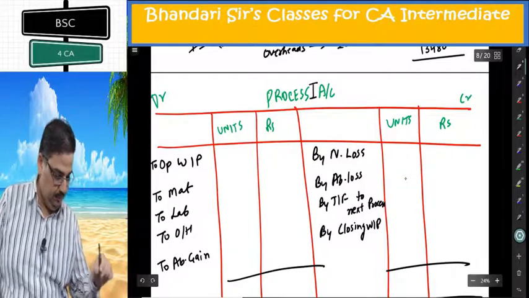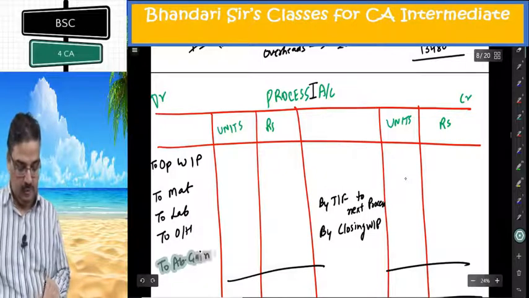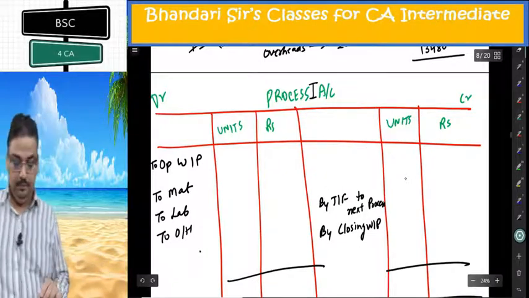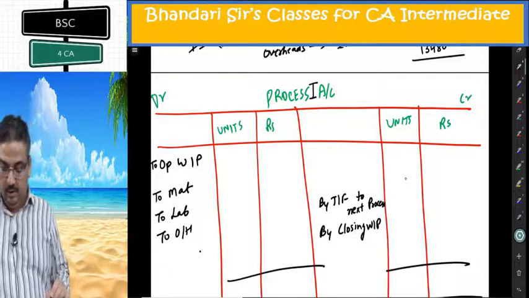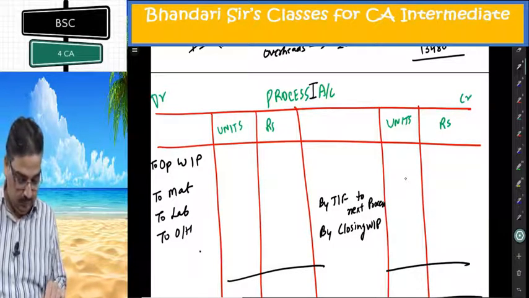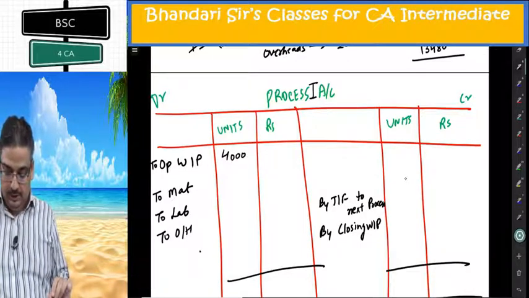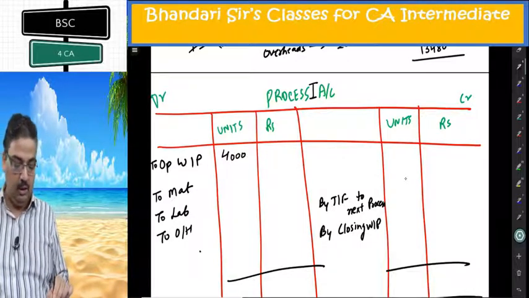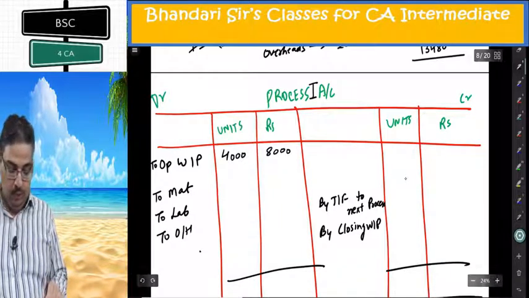Now the last thing for this first question, I will omit losses and gains because they are not applicable at all. To opening WIP. In opening WIP there were how many units? 4,000. What was the cost of those units? 6,000 plus 1,000 plus 1,000, given total 8,000. Material introduced 16,000 units.